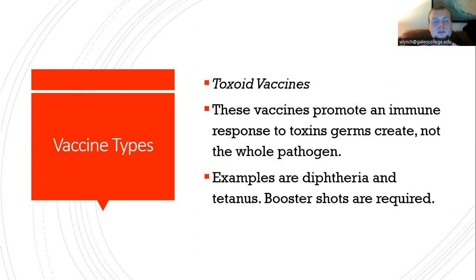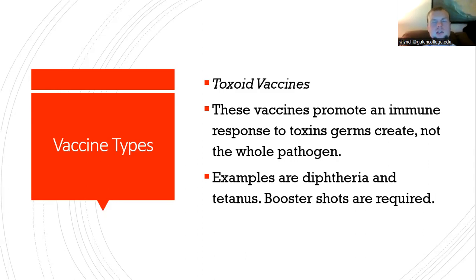Our last one is a toxoid vaccine. Toxoid vaccines are going to approach the immune system from a toxic response. All right. So these are actually taking the secreted toxins that a pathogen makes and implanting them into the body. So we're taking specific secreted products from a cell, moving them into the body in the version of a vaccine.